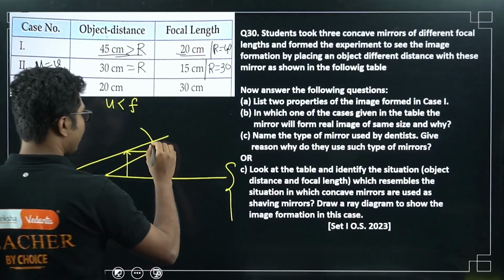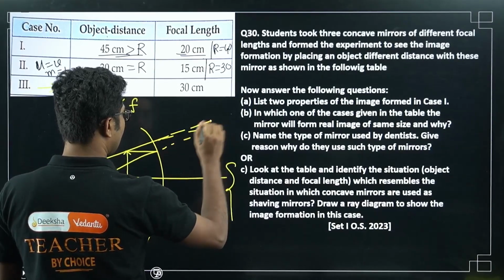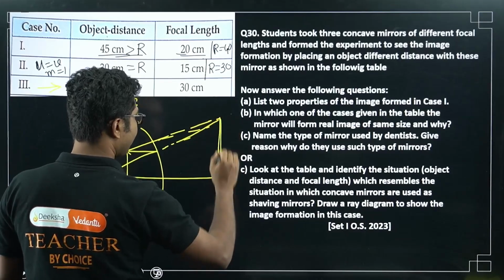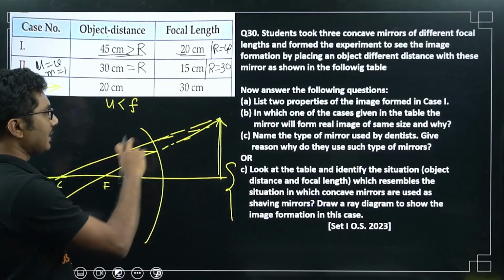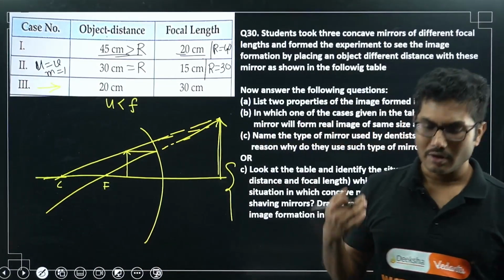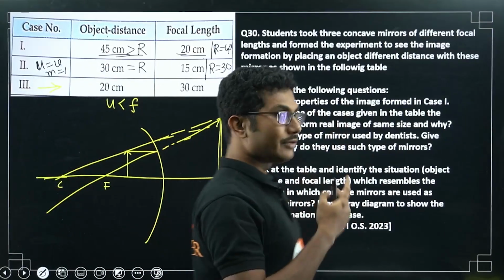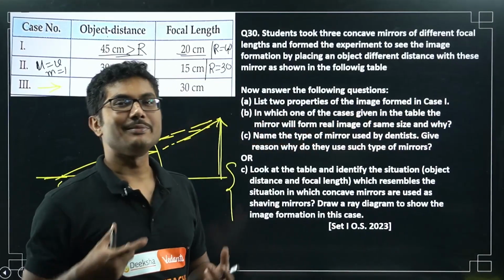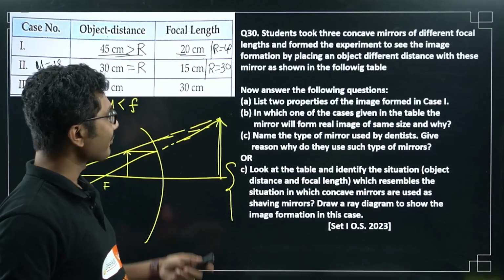As you can see, if you draw them back, they go back and form a virtual image. So this is the case where if you keep your face here, your face will be enlarged. So it will help you to shave your beard, or the uncle who cuts your hair will find it easier because he will see a bigger image of you. So this is the last question of our discussion.